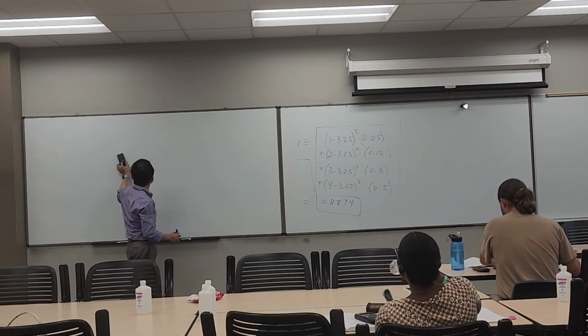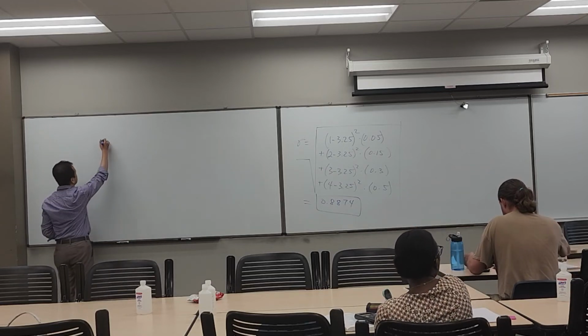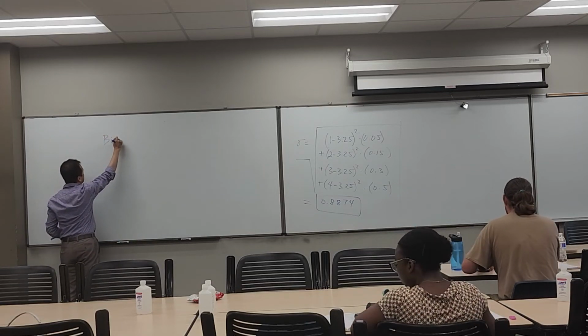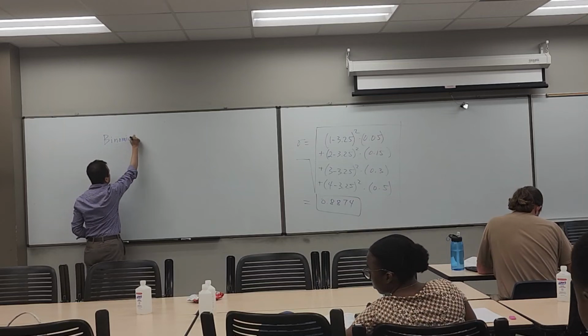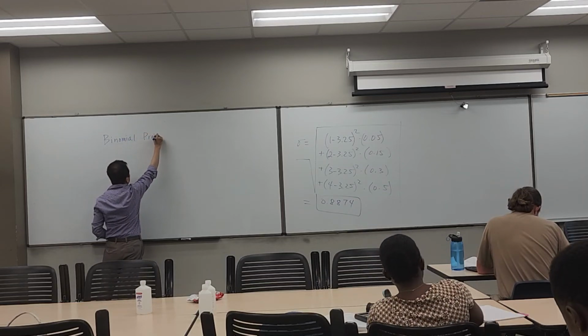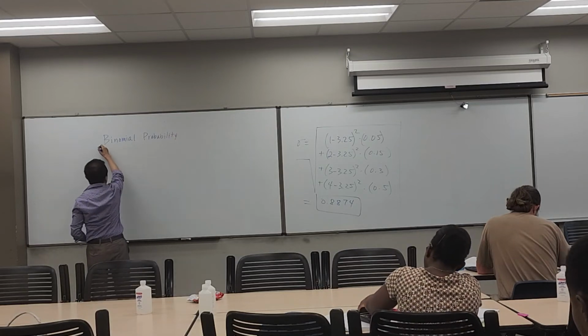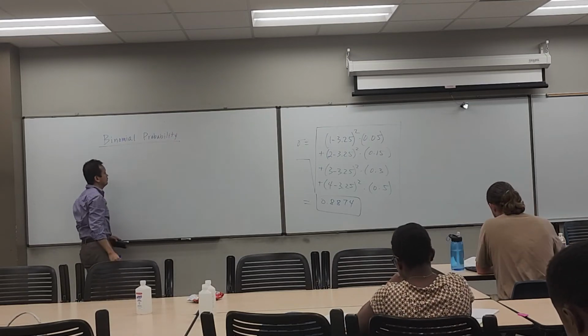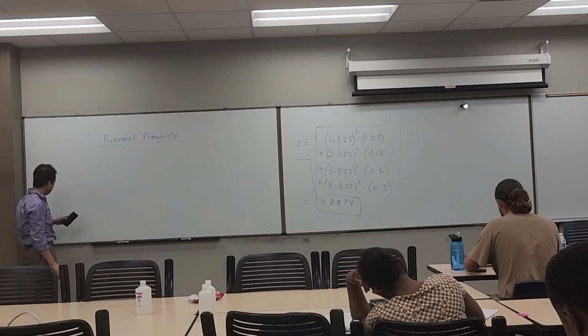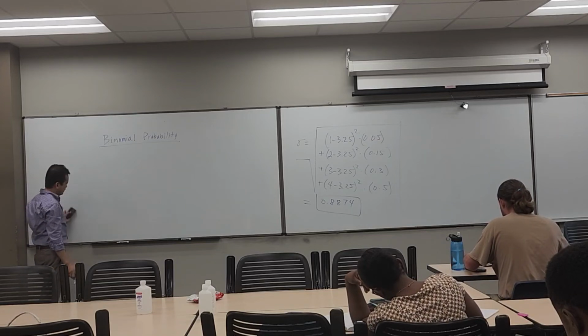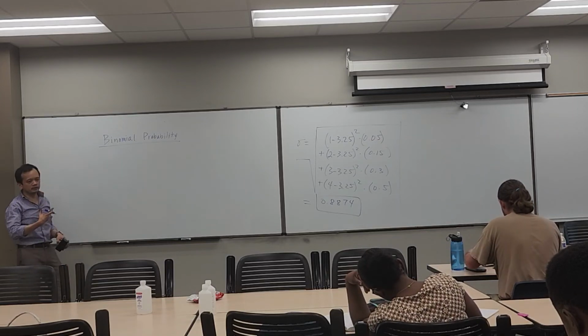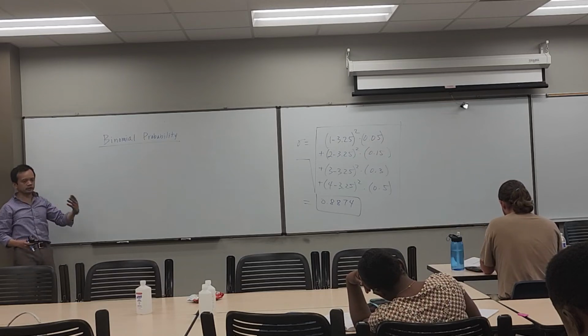So the next concept we're going to talk about in chapter 5 is called the binomial probability. Let's build up to this from what we've already talked about in the past.